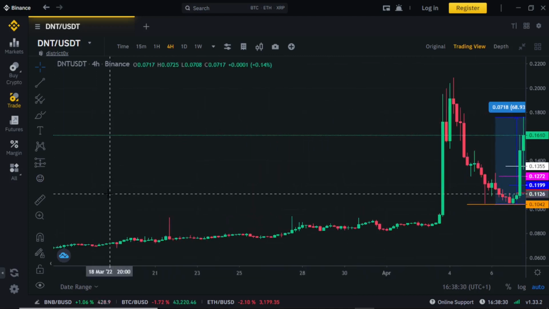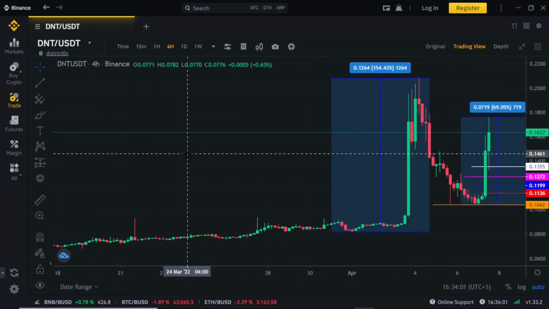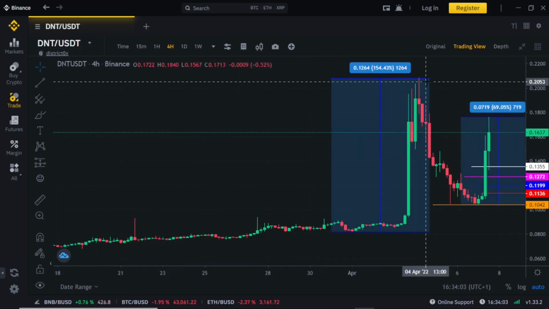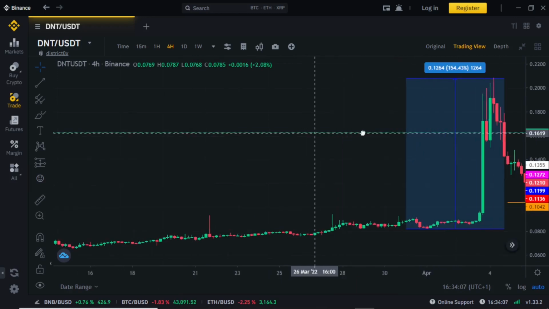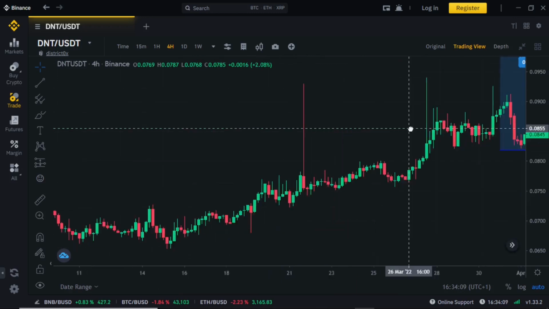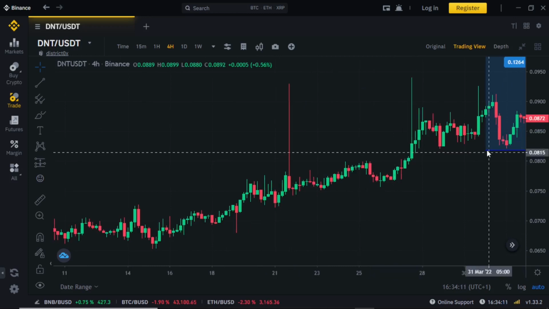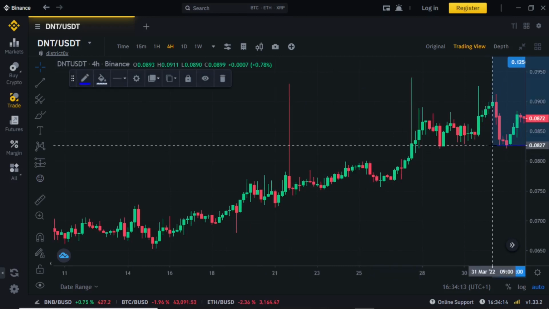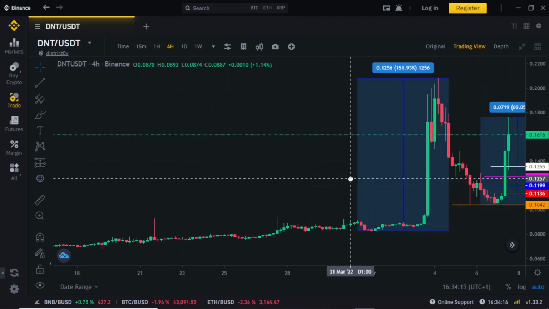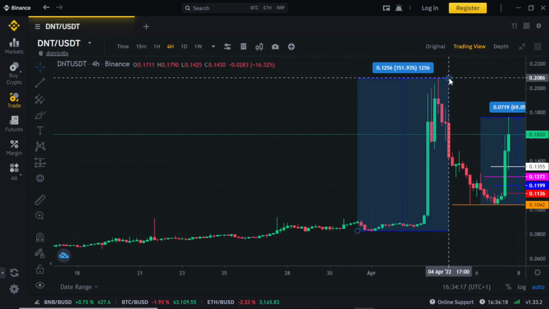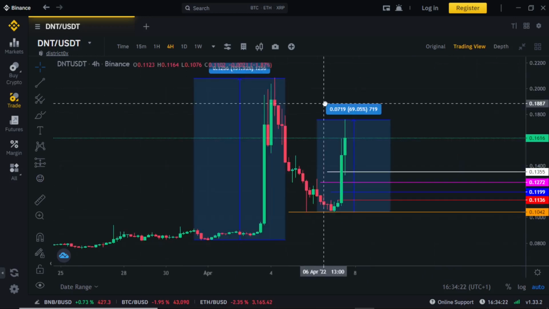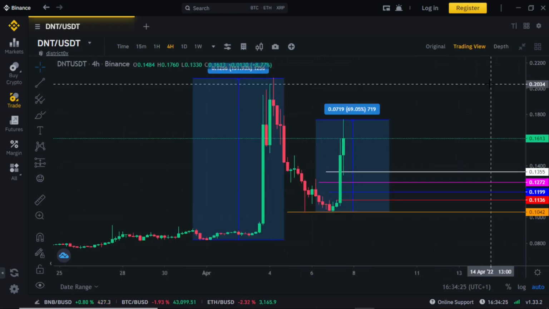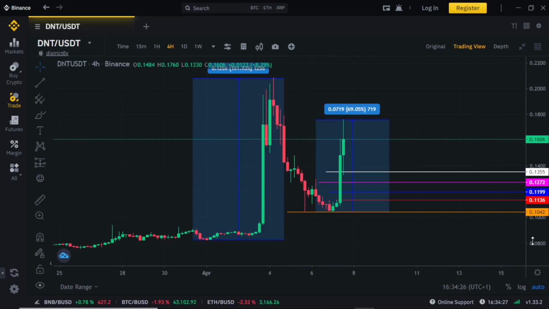Okay, now that we've identified the most current bullish trend section of the DNT USDT cryptocurrency pair on a candlestick price chart, it's time to plan out your trade entry, stop loss, and take profit prices on a candlestick price chart data of the DNT USDT cryptocurrency pair. For example, let's mark out your trade entry, stop loss, and take profit prices on a 4-hour candlestick price chart data of the DNT USDT cryptocurrency pair step by step.